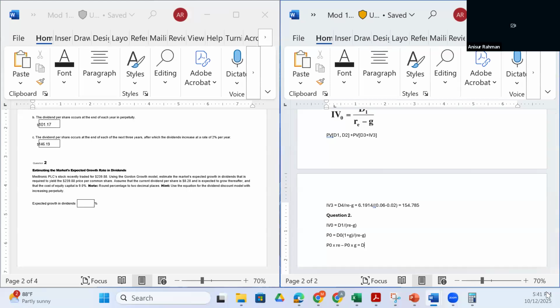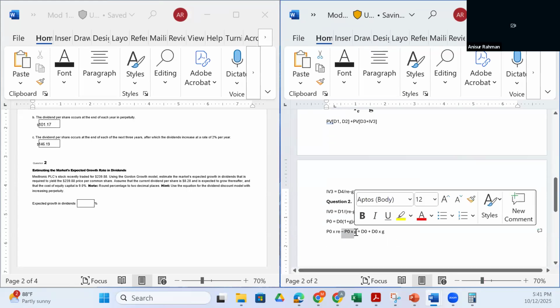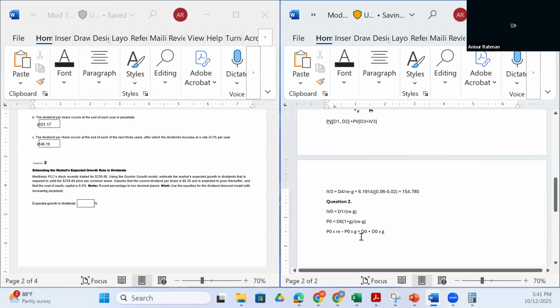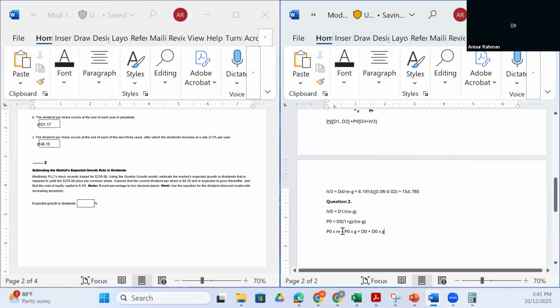So D0 times 1 doesn't change, so D0 plus D0 times G. So now what we are going to do, we are going to put all the things with the G on the right hand side. So this minus P0 times G will be moved to the right hand side. So that will be positive.